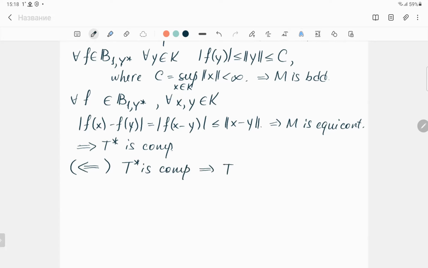So we deduce that T double star is compact. Now let's recall the relation between T and T double star. After we identify canonically X and Y with subspaces of their biduals, we know that T is just the restriction of T double star to X. And clearly the restriction of a compact operator to a closed subspace is also compact. And this completes the proof.